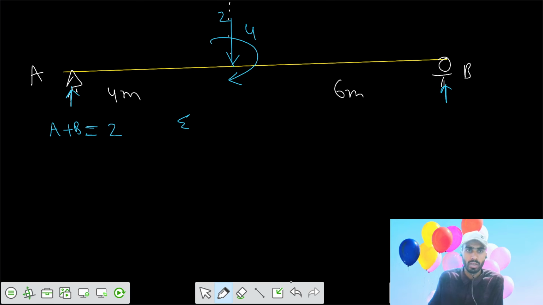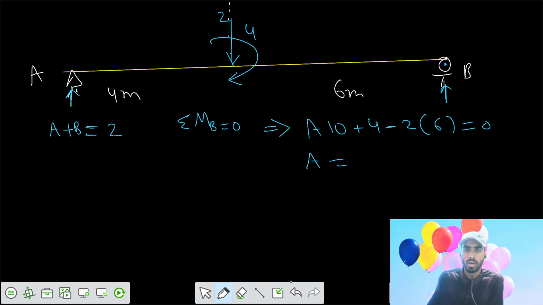Then we say summation of moments at B equals 0, which implies A into 10 clockwise, and your clockwise moment of 4 and your anti-clockwise moment of 2 into 6 equals 0. That means A equals 0.8.